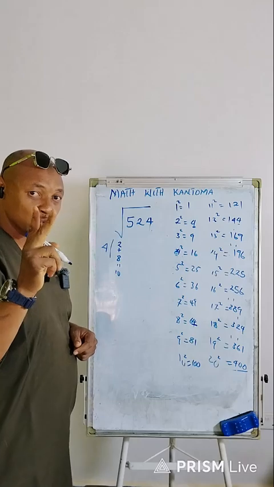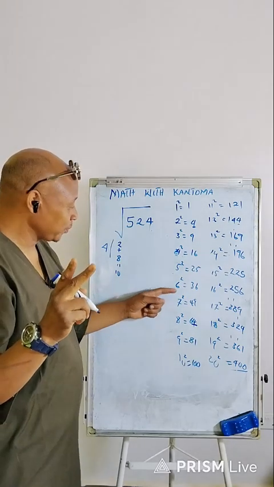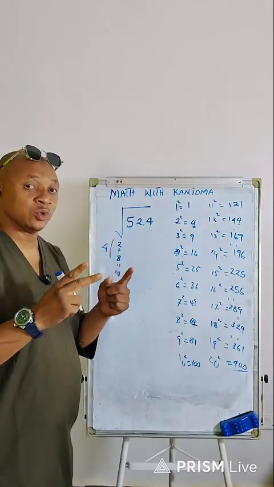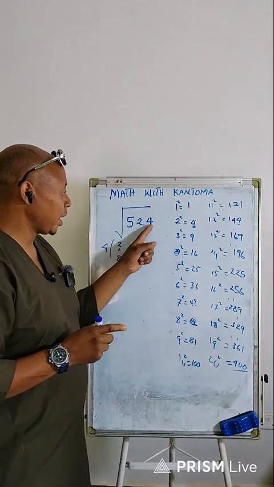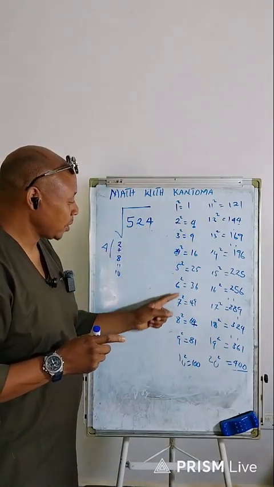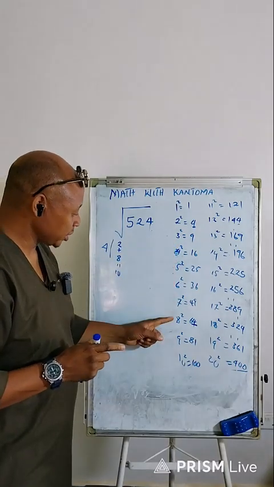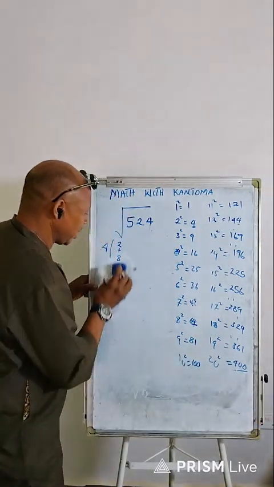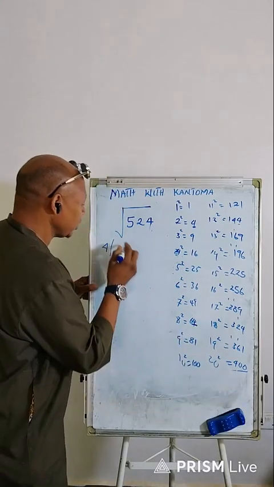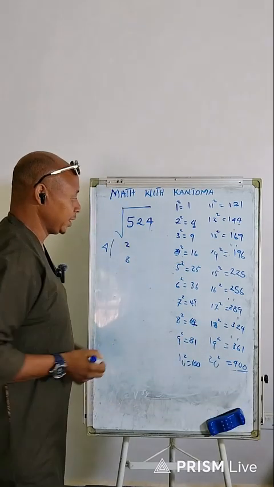So now I must take 2 numbers only, not more than 2. The numbers in such a way that when I add those 2 values, I'm going to have 10. So I said the numbers that when you square them, you are going to have 4 are 2 and 8. And again, 2 plus 8 will give you 10. So now, having gotten this, we have our numbers 2 and 8.